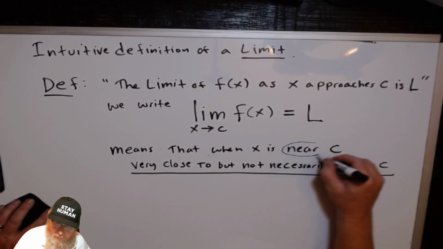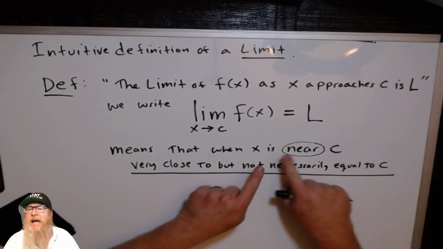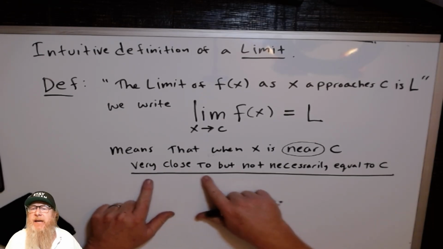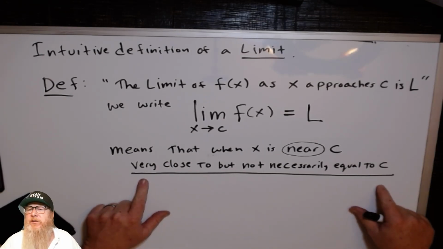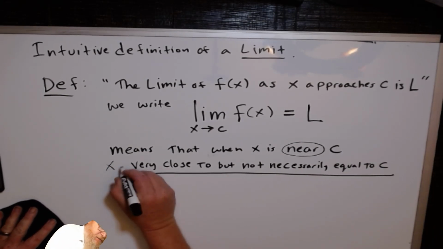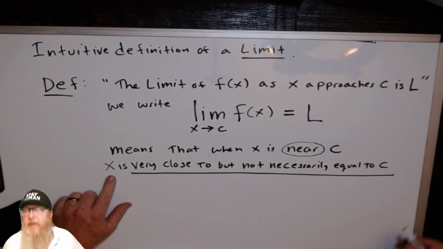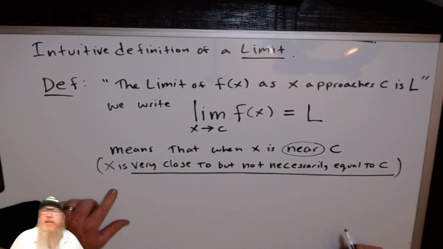So that's what we mean when we say near. When x is near c, or in a neighborhood of c, we say that x is very close to, but not, I'm going to put x back in there, x is very close to, but not necessarily equal to c.